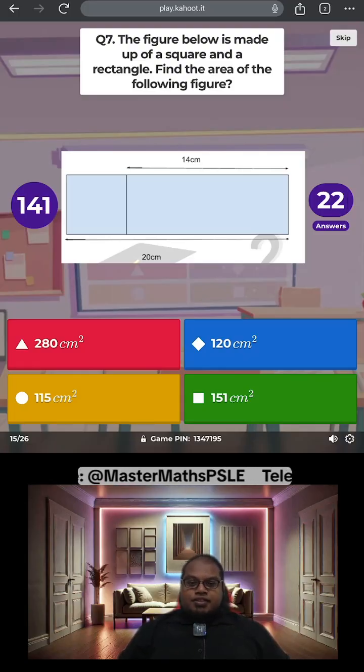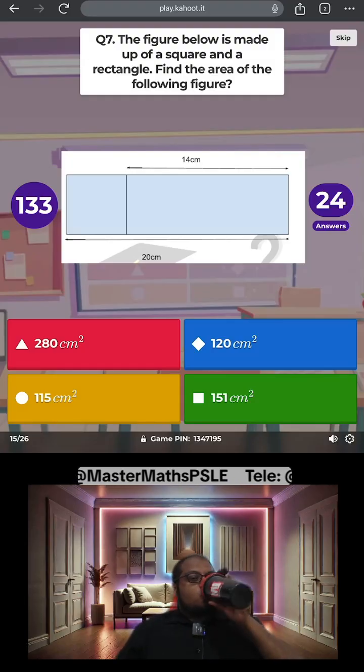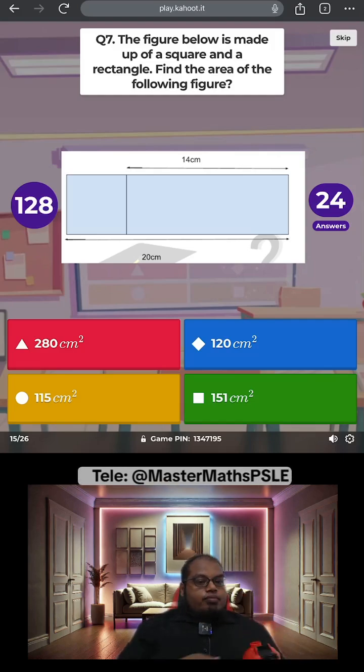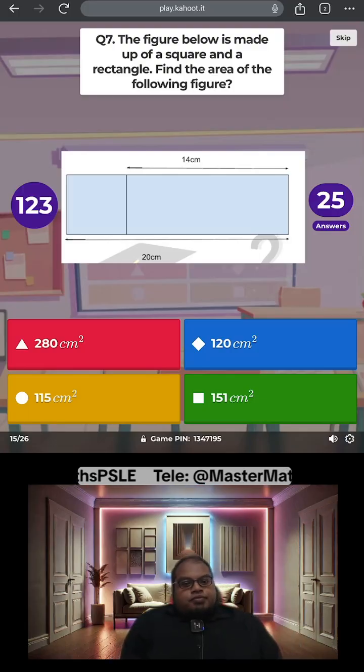Maybe, or could it be 115? Dila, is it because of the lots of computer use, or why is it making you blind?